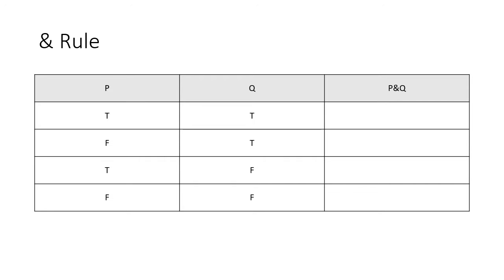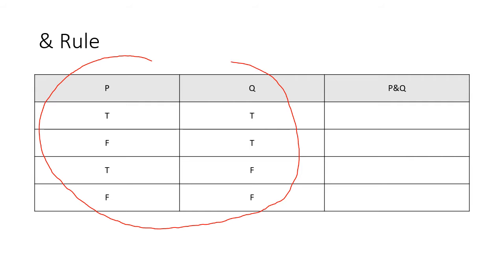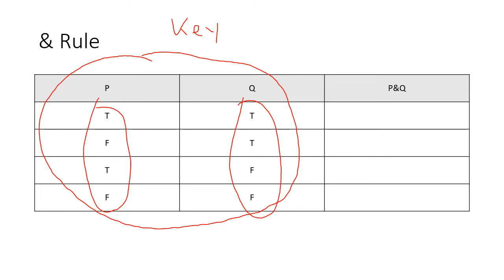What you'll see here on the screen is something very common, and it will show up every time we do a truth table, which is this on the left-hand side. This is what's known as the key. These values are given to you automatically.